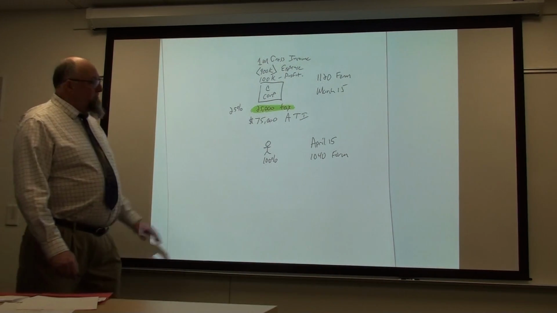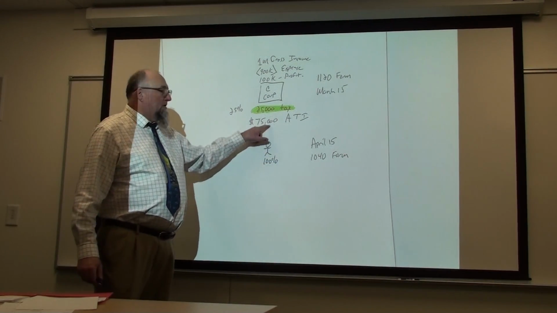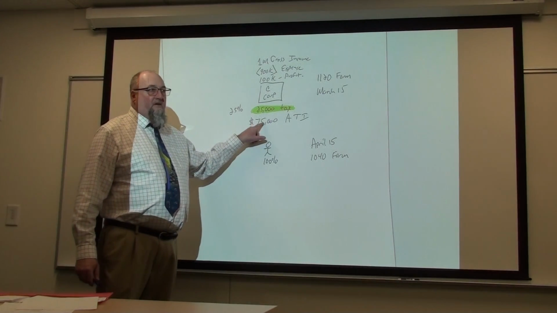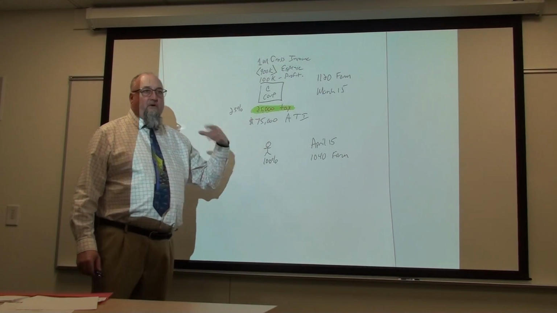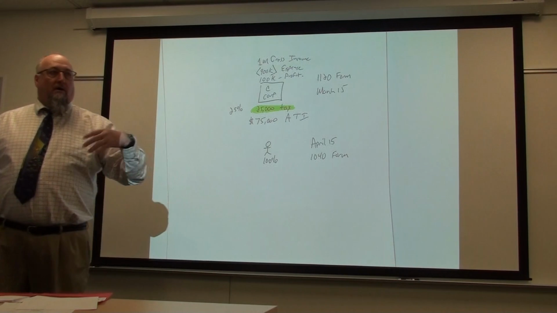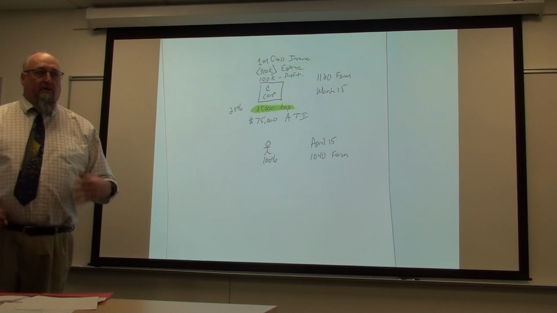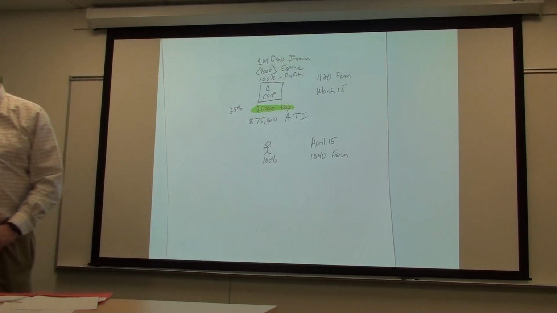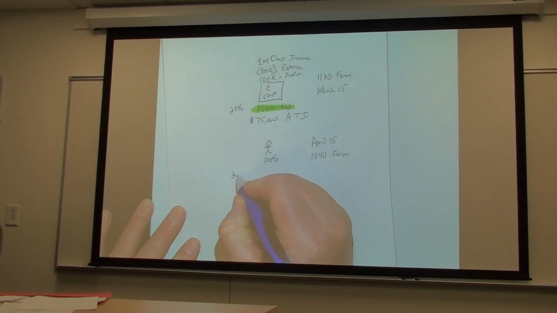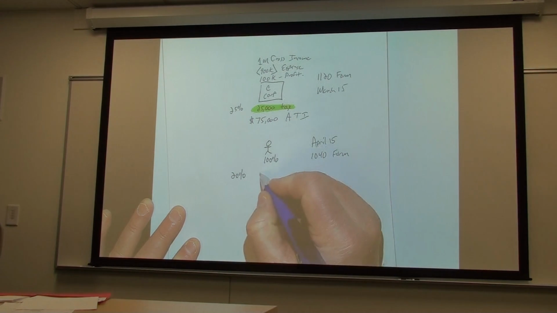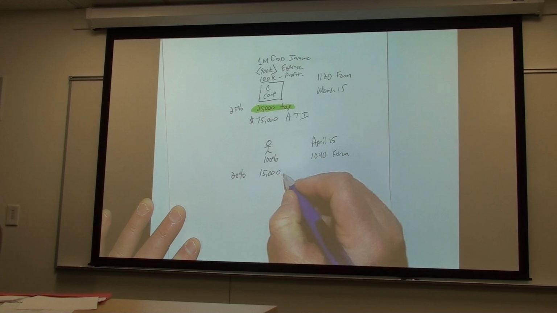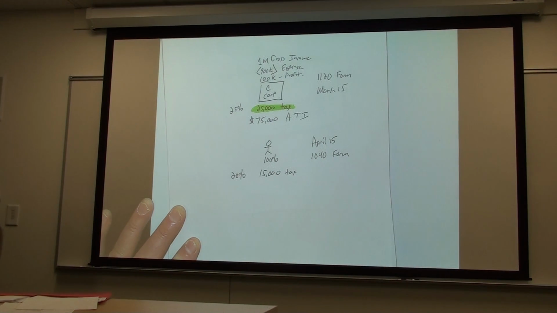And on that form, they're going to have to declare the $75,000 distribution that they received from their company on their personal tax return. And then they're also going to have to pay tax on that amount. Let's just say it's a 20% rate. So that'll be $15,000 in additional tax.